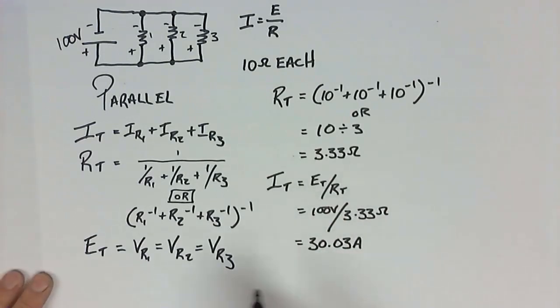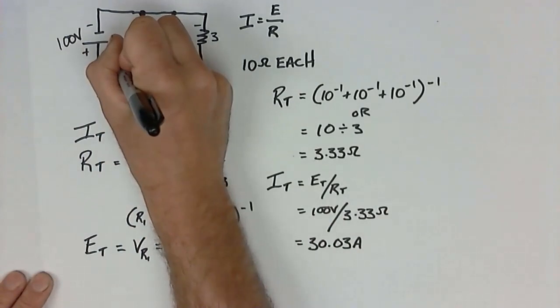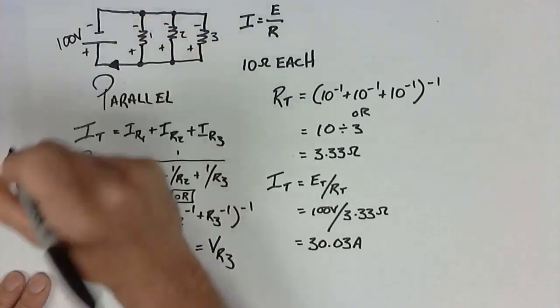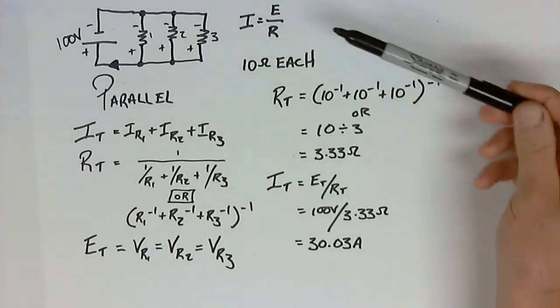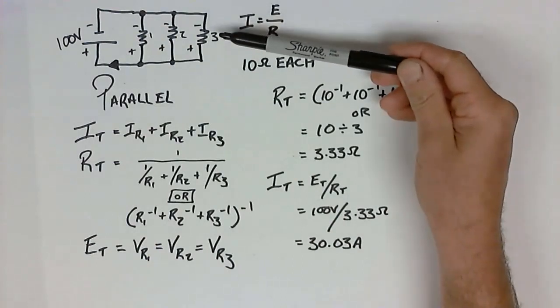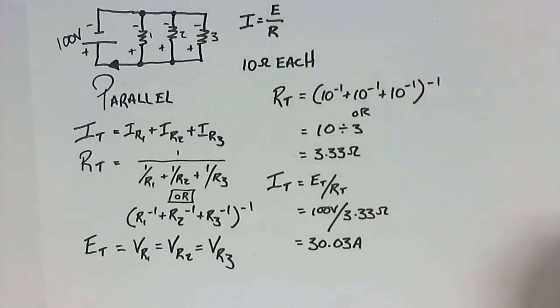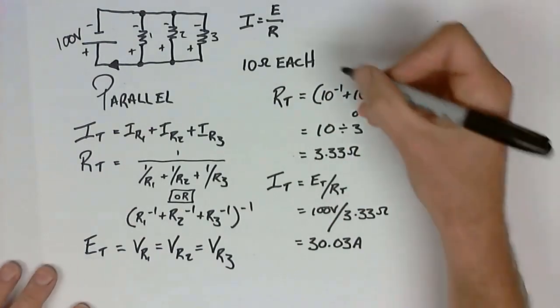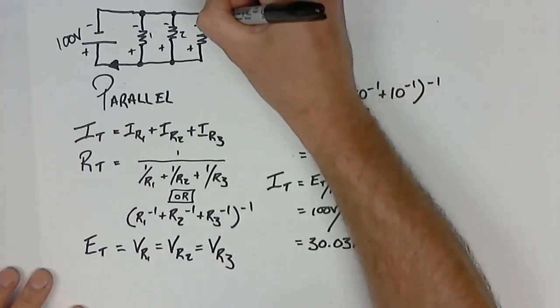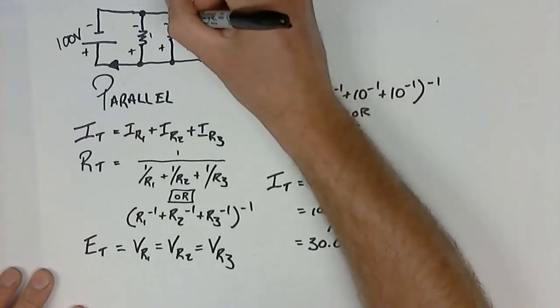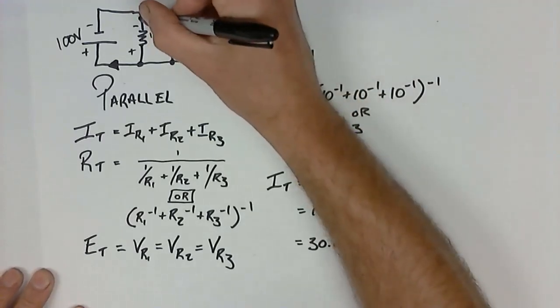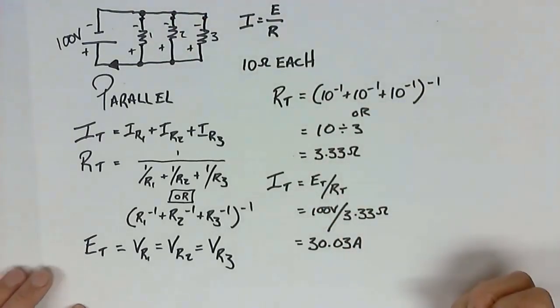Now, does that make sense with Kirchhoff's current law and what we have for individual values of current? So 30.03 amps is actually up here. And since each of my resistors is identical in value, they're each 10 ohms, 10 ohms, 10 ohms, that means that they must have the same current flowing through them, which would then lead me to believe that individually their current is very small and it's only about 10 amps.